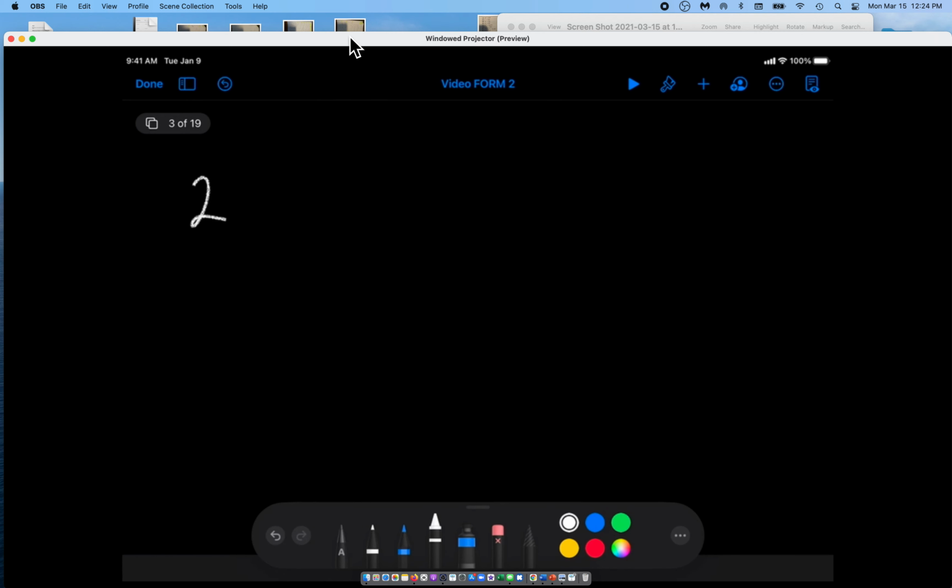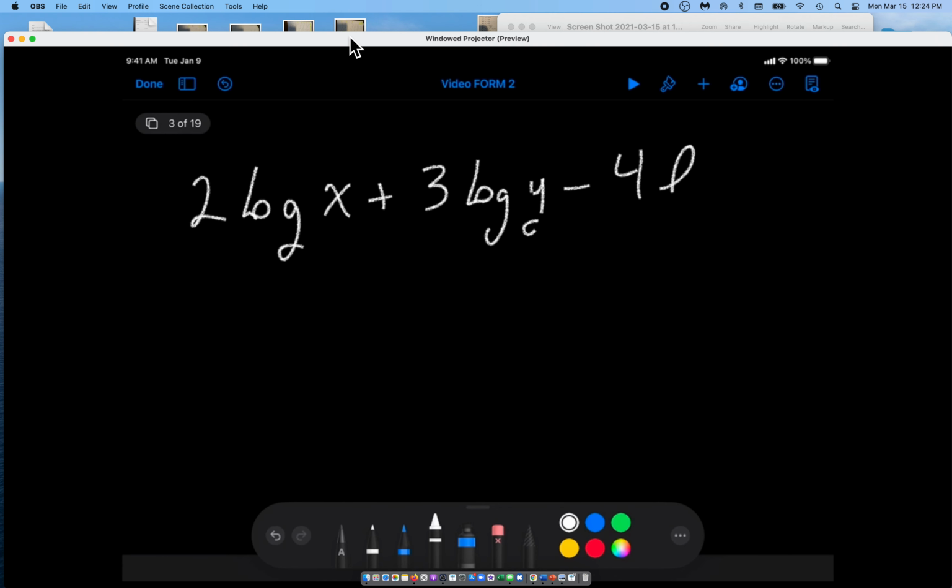Now let's go ahead and condense an expression. Okay, the first thing we're going to do is use the exponent rule and bring these exponents up top.